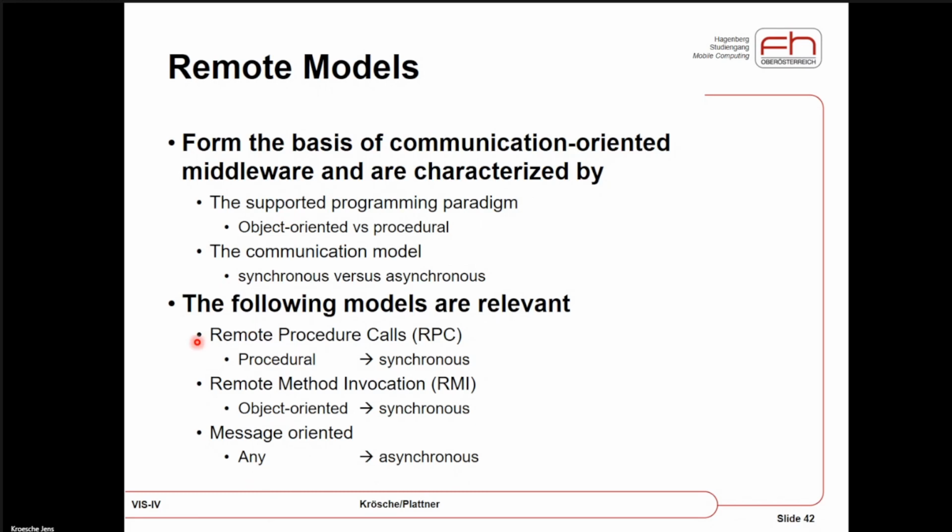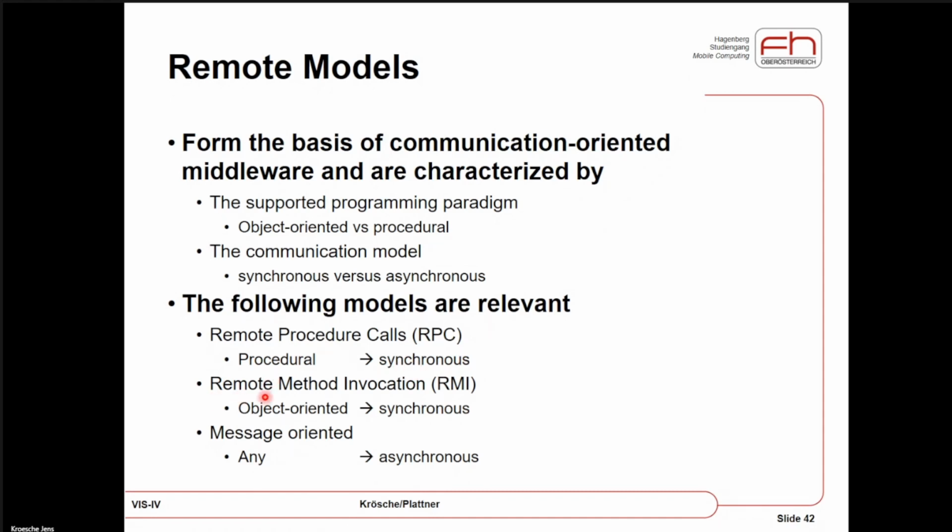And these dimensions can be used to specify the different versions we were talking about. So remote procedure calls, of course, are, as the name already states, procedural, functional, and synchronous. So I call the method as if it was local, and I wait for the result. As communication is taking place in the background, of course, I'm blocking there until the result returns.